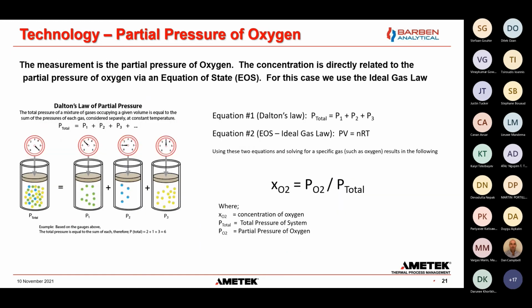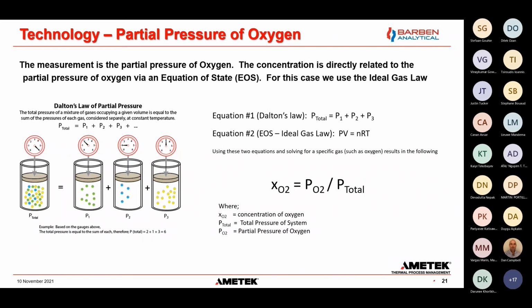Just a little bit more about partial pressure: the total pressure is equal to the sum of the individual pressures of each component in the system.